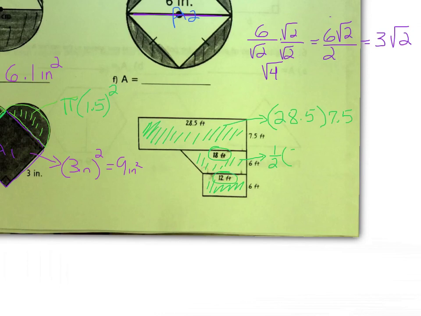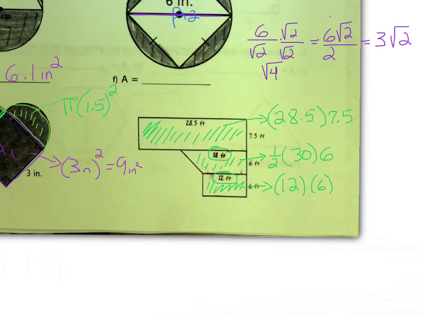Right, so it's 30. And then times the height, which is 6. And then the last rectangle is just base times height. When you add the two bases, 18 plus 12, it's 30.